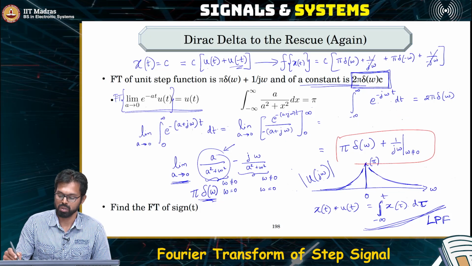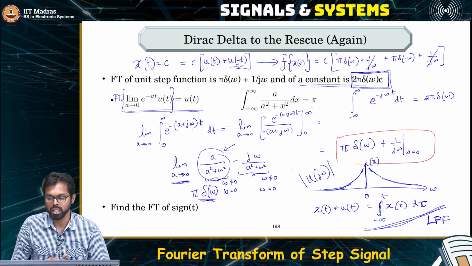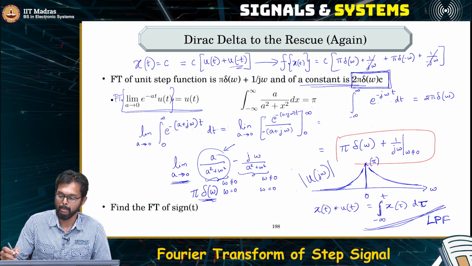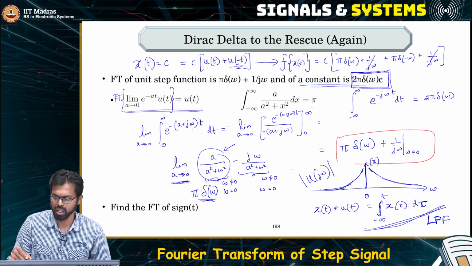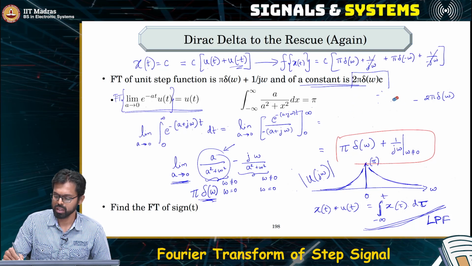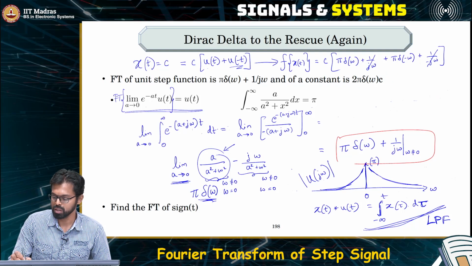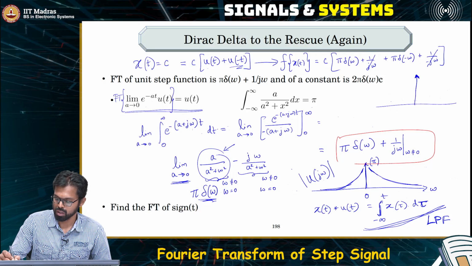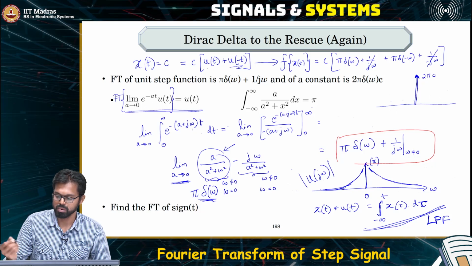Okay, so clearly this tells us that the Fourier transform of a constant is nothing but an impulse, and this makes sense, right? So why does this make sense? Let us try and plot the spectrum. It looks like an impulse, and the area of this impulse is 2 pi c.